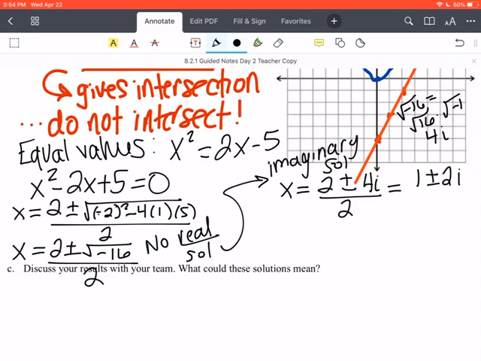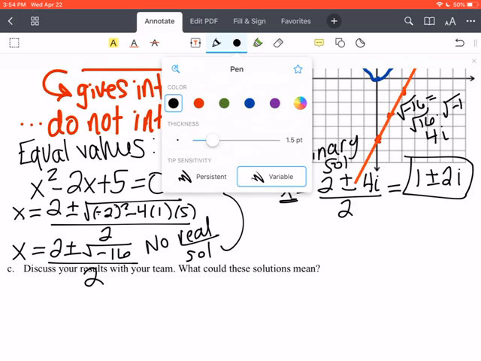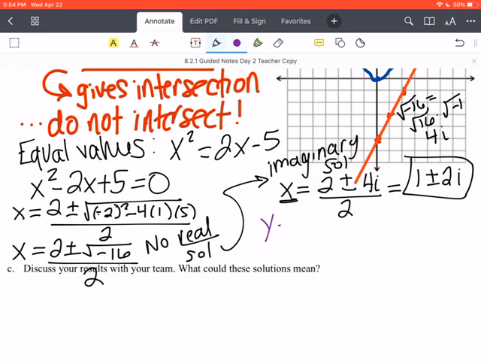Okay, but that is just what x equals. So now, in all systems, we have to figure out y. Well, the good news is we can take advantage of the linear equation to figure out y. So I'm going to plug in each one of these separately into my linear function and solve for y. So I'm going to do y equals, let's see, I have 2 times 1 plus 2i minus 5. I'm just replacing my x with 1 plus 2i.